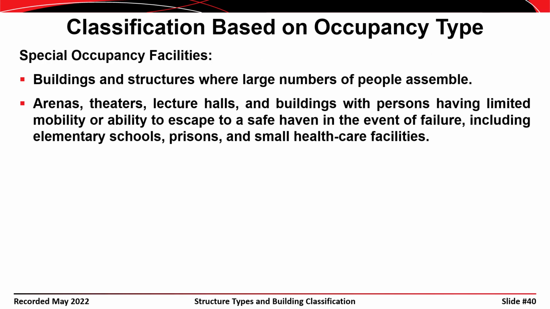Another consideration would be special occupancy facilities, basically arenas and places where a large number of people are going to congregate. So arenas, theaters, lecture halls, things of that nature, basically where people are going to be congregated in one area and they're not going to be able to leave in a quick way.